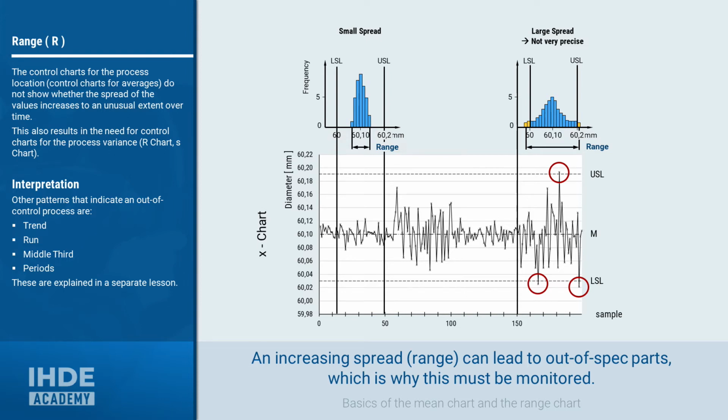In the rear part, the spread is so much larger that 3 values are outside the permissible tolerance. A shift in the process mean, up or down, can also lead to characteristics that are out of specification. However, to not make this repetition too long, I would like to refer to the lesson on the trend, run or middle third at this point as other signals that a process might be out of control.